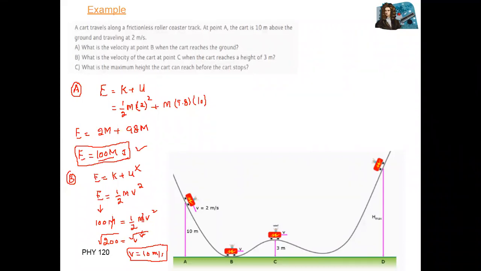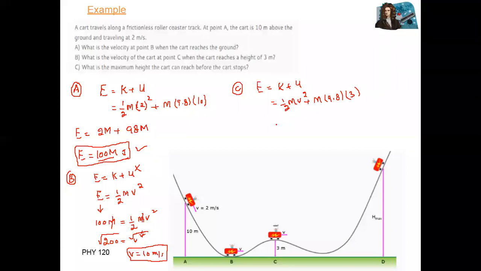Now, how we can find velocity at position C? So same using law of conservation of momentum. C. Total energy equal to kinetic energy plus potential energy. So kinetic energy half m and we have v square but we don't know v square. Potential energy equal to m g 9.8 and height is 3 meter.